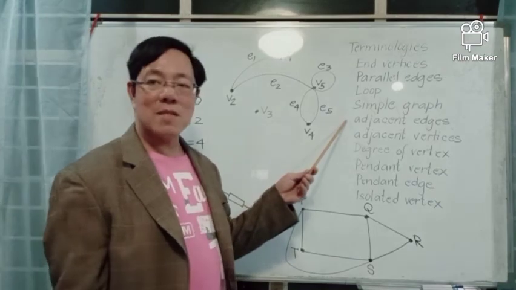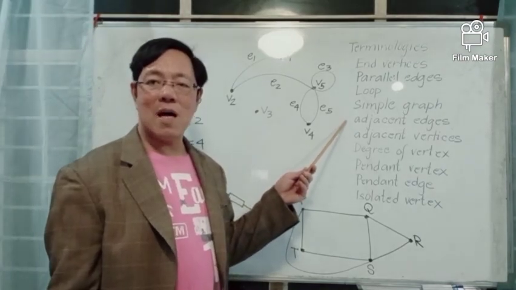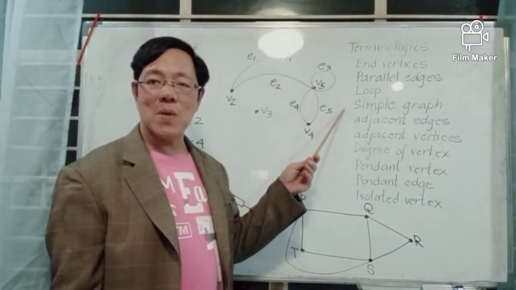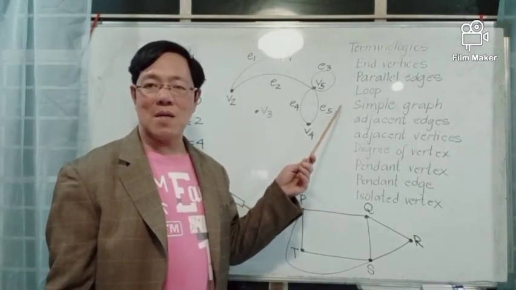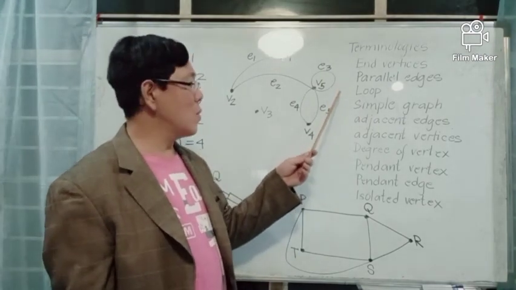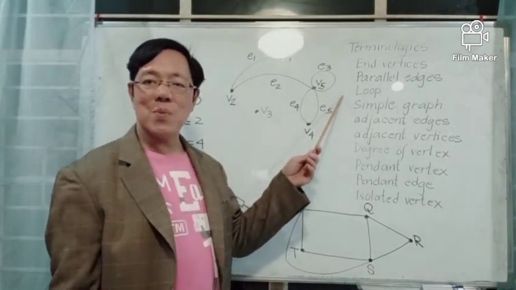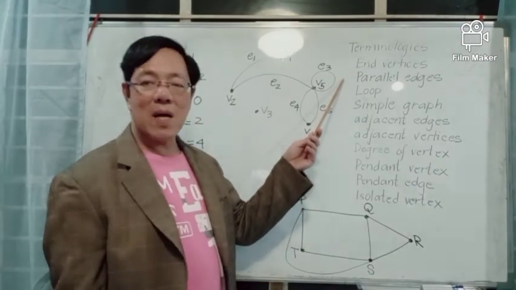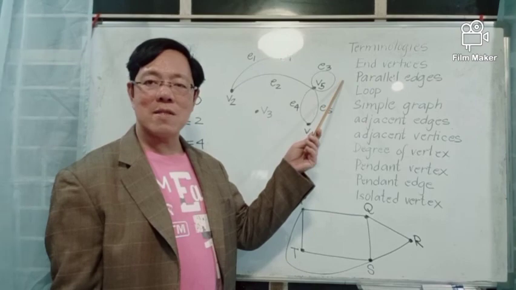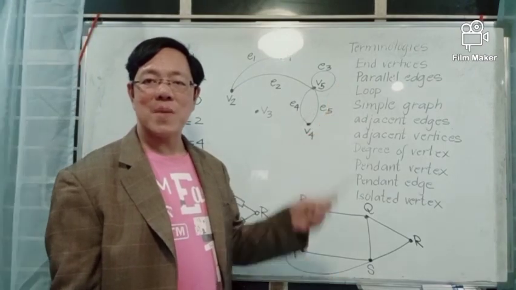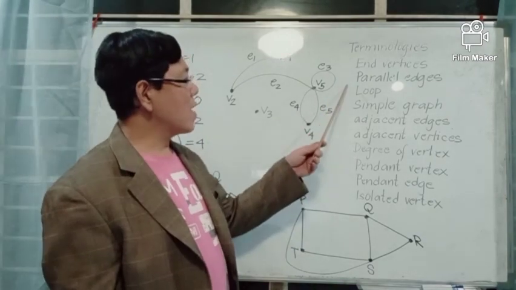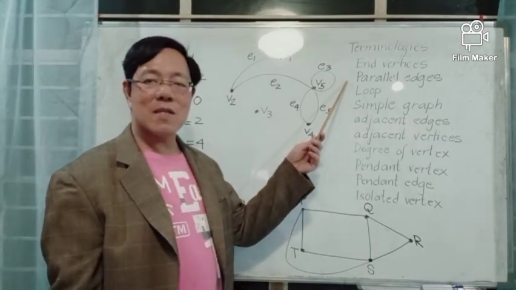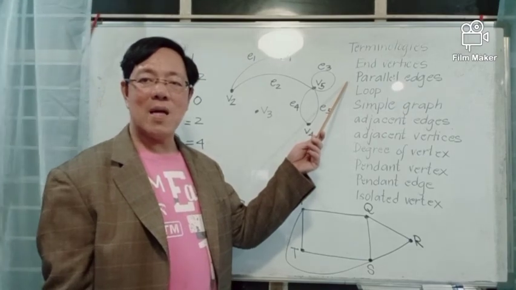We define adjacent edges as edges that have a common end vertex. And we define a simple graph as a graph that contains no parallel edges and no loops. And we define a loop as an edge that connects a vertex to itself. And we said that parallel edges are edges that connect the same end vertices, or parallel edges are edges that have the same end vertices.